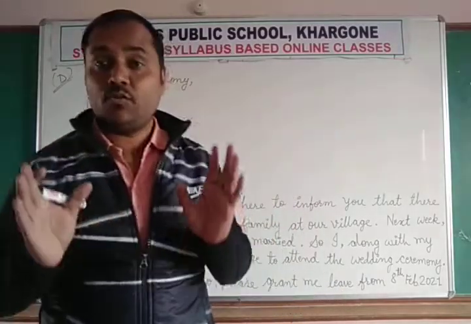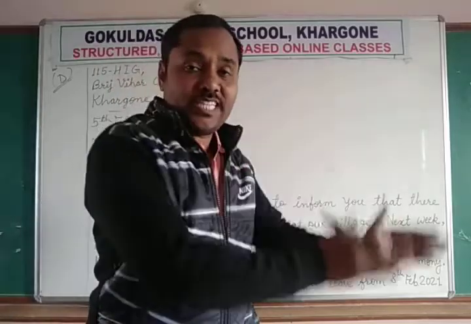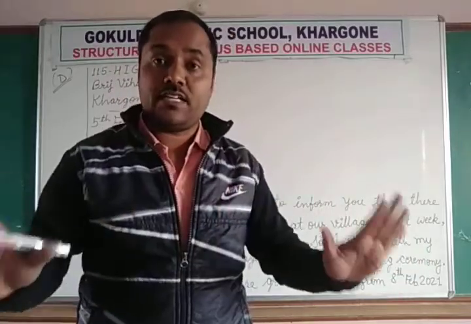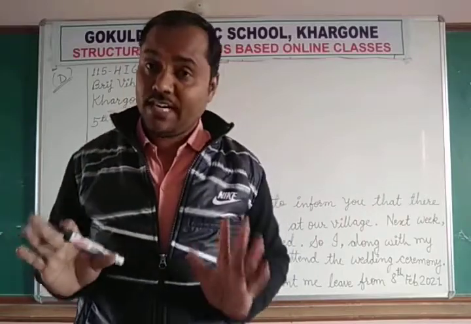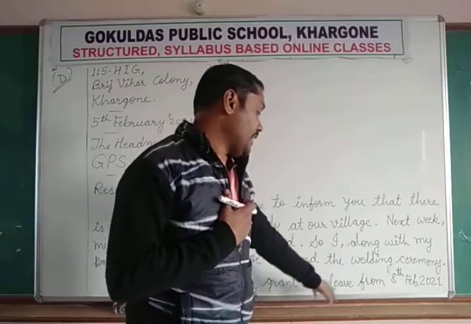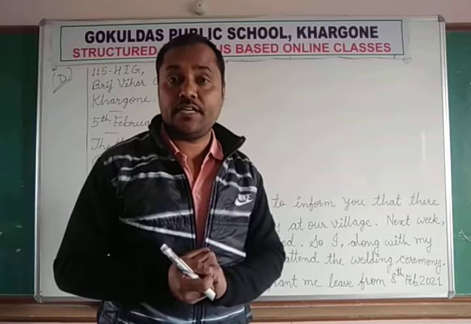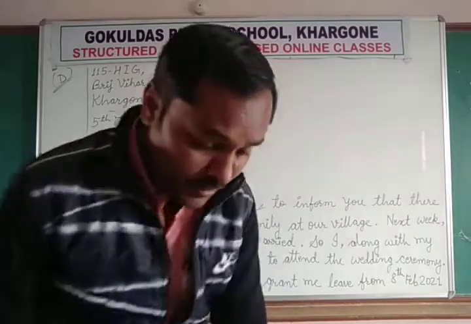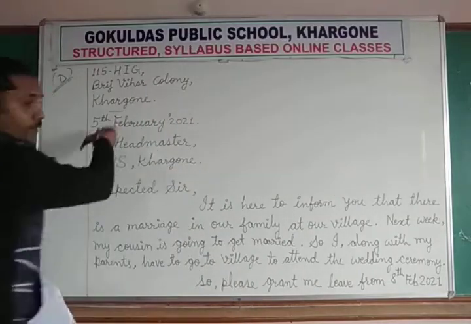Now you need to mention the dates, that from which date to up to which date you are not going to attend the school. That information should be with your headmaster or principal or your class teacher. So please grant me leave from 8th of February, 8th February 2021 to, now I am going to clean this.